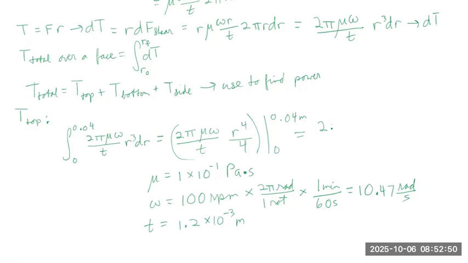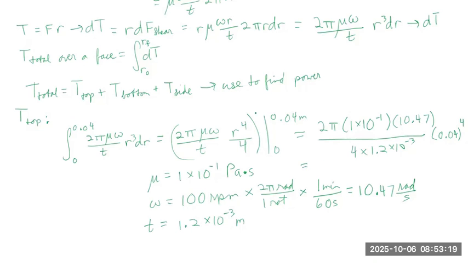So it's equal to 2 pi times 1 times 10 to the negative 1, times 10.47, over 4 times 1.2 times 10 to the negative 3, and multiplied by 0.04 to the power of 4.